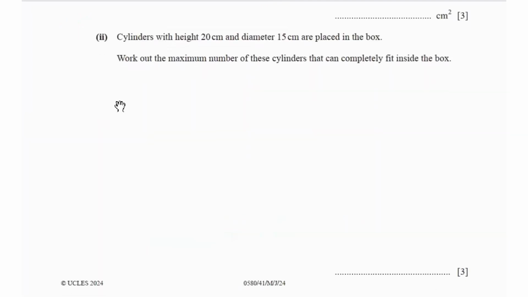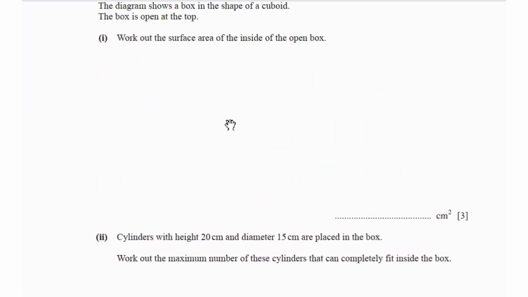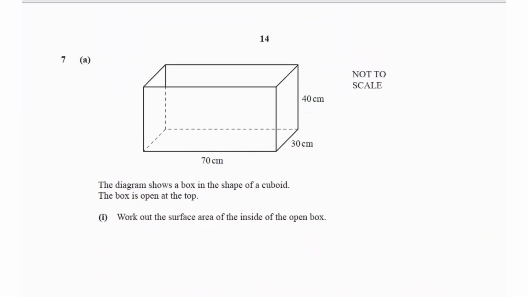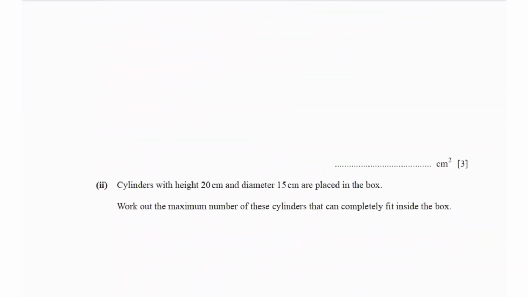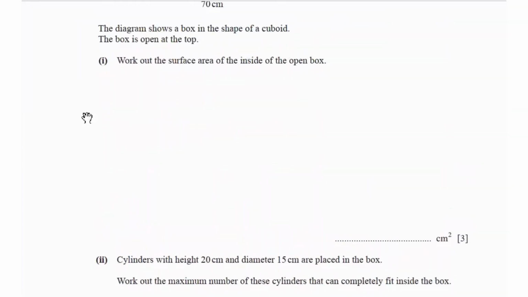Then it says cylinders with height 20 centimeters and diameter 15 centimeters are placed in the box. Work out the maximum number of these cylinders that can completely fit inside the box. So what we will do is that the diameter is 15 and height is 20.